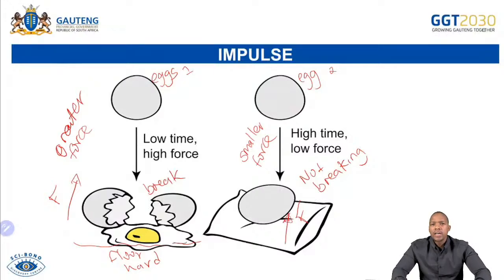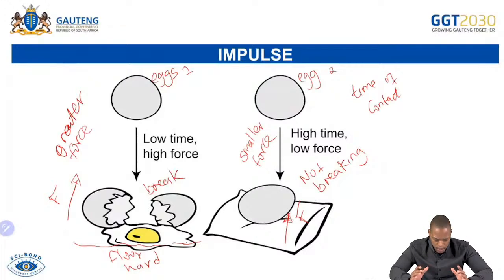It is said that all of this is based on something called the time of contact: how long it takes for each of these eggs to come to a complete stop. Because what is happening is that you let go of the eggs, and they are going to come to a complete stop. So the question is, how long does it take for each of these eggs to come to a complete stop?